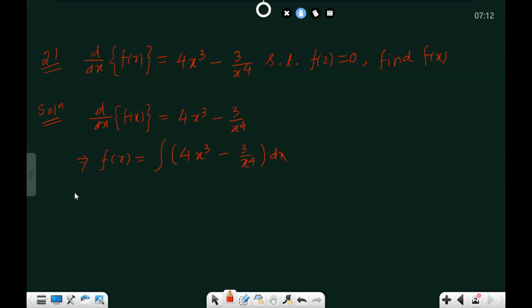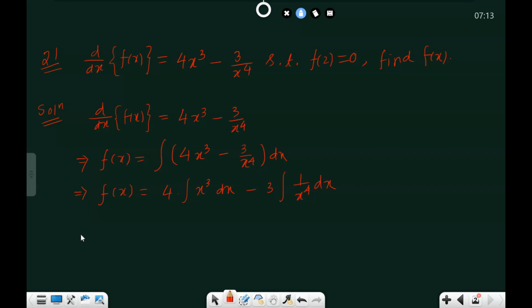Now we just complete the integral on the right hand side. On the left side our function is f(x) is equal to 4 into integration of x cube dx, the first one, and then minus 3 into integration of 1 by x to the power 4 dx.